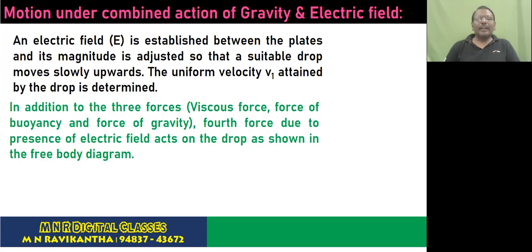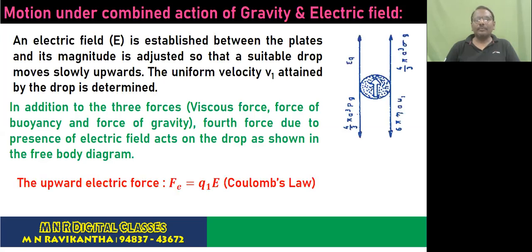In this case, in addition to the three forces which we already discussed, the viscous force, the force of buoyancy and the force of gravity, there is one more force which comes into action, that is due to the applied electric field. Now let us understand all the four forces with the help of a free body diagram.